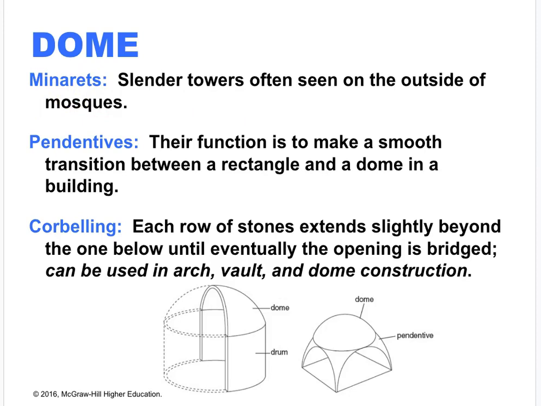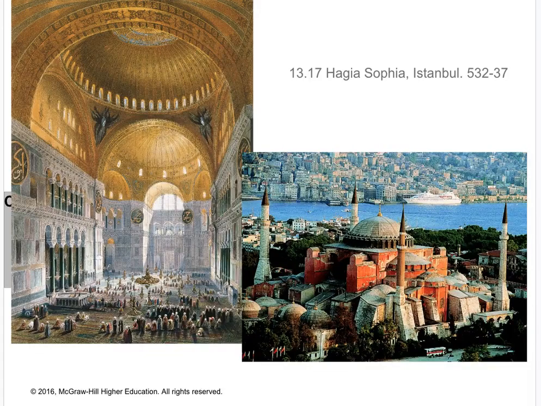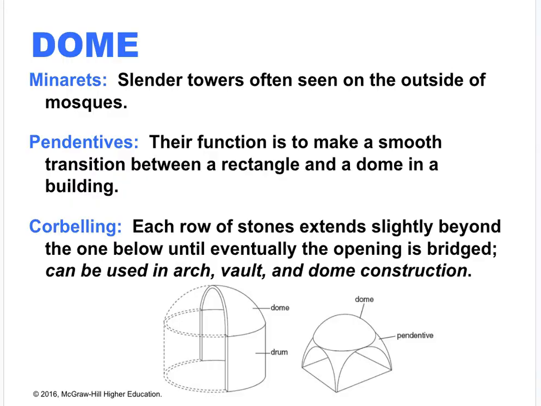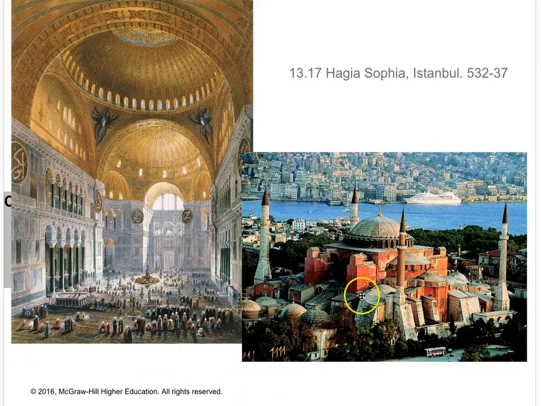So the next image is Hagia Sophia in Istanbul. And so this is an example of the second diagram, this one, where you have a square base, the pendentives, and the dome sitting on top. You can very clearly see the square base here. Then you have these work as pendentives, this area right in through here. You can't really see it because it's kind of made into a square, but that works like a pendentive.